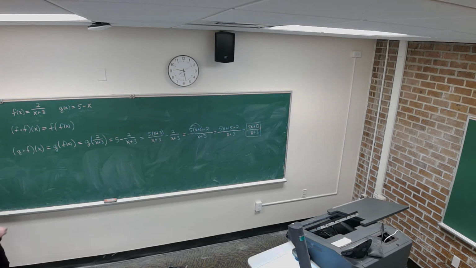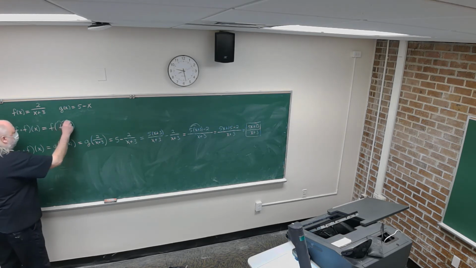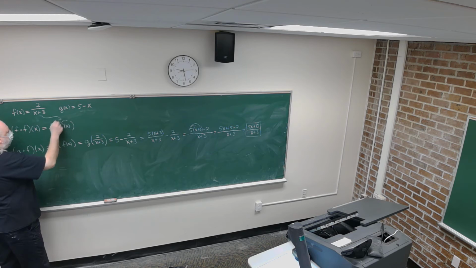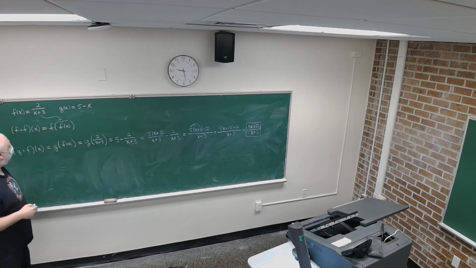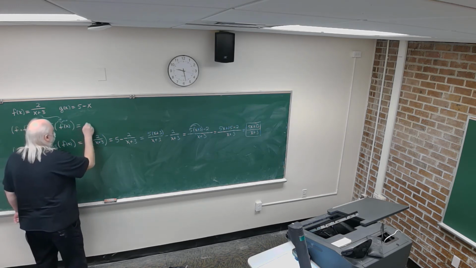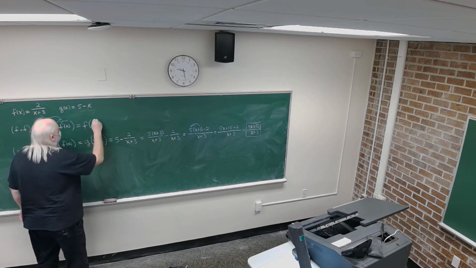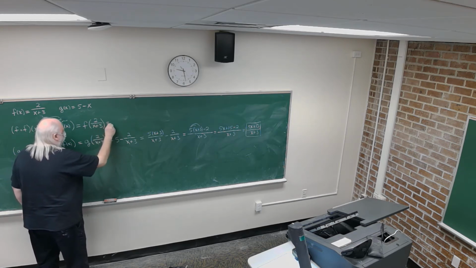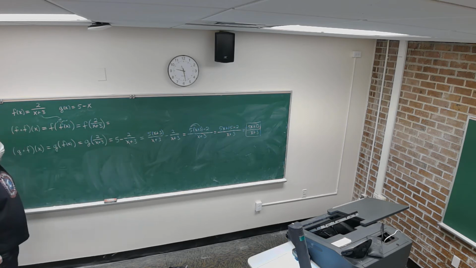So step number 1, replace the inner f of x with what it's equal to. So this is equal to f of 2 over x plus 3. And now we replace the x, right, and evaluate f of 2 over x plus 3. We replace the x here on the right hand side of f of x with 2 over x plus 3.